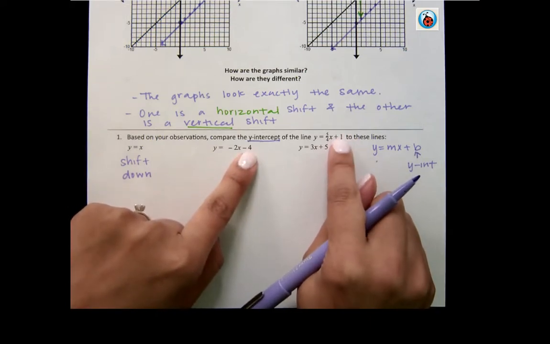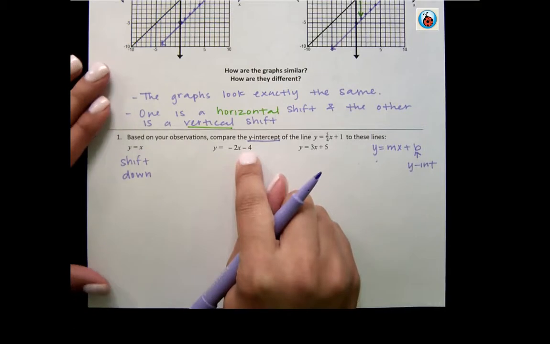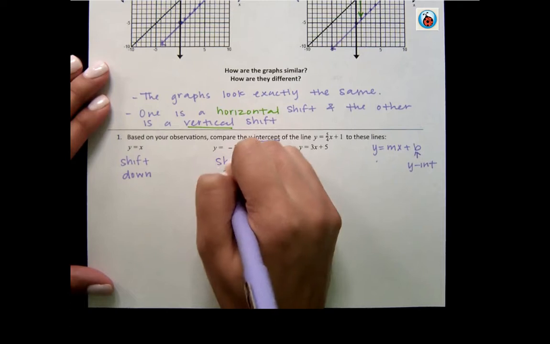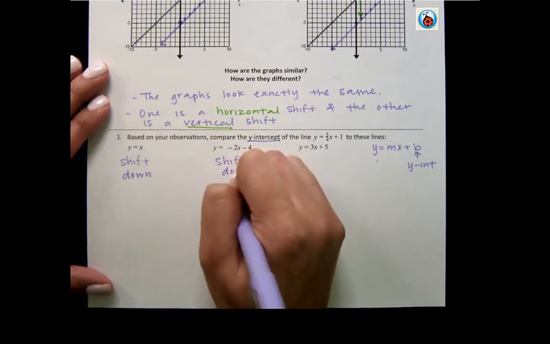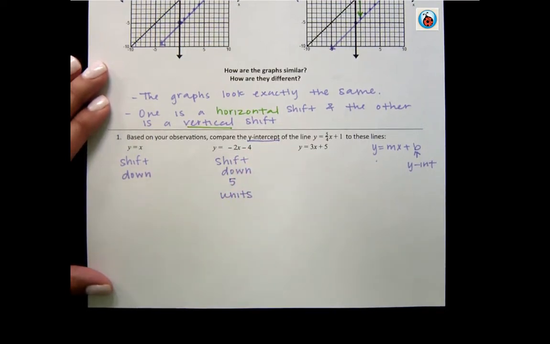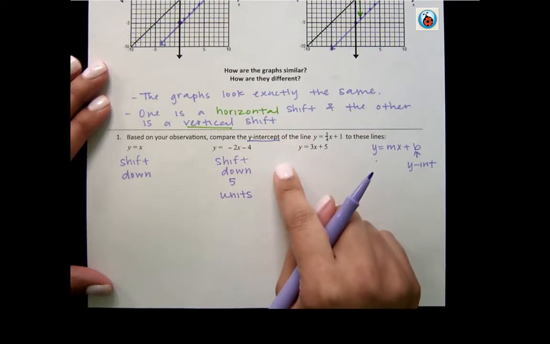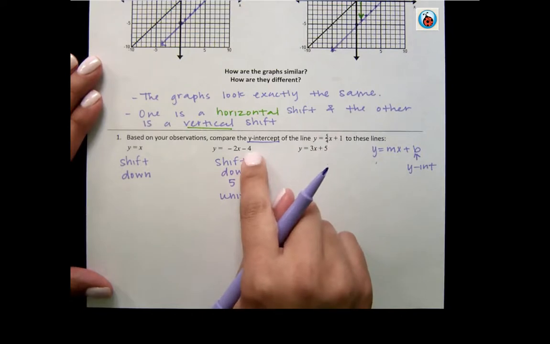So if I have a y-intercept of 1, and then I end up with a y-intercept of -4, that is also a shift down. And we'll say 5 units. Because if I'm at 1, I have to move down to 0, that's 1, and then down 4 more spaces is a total of 5 to get down from +1 to -4.